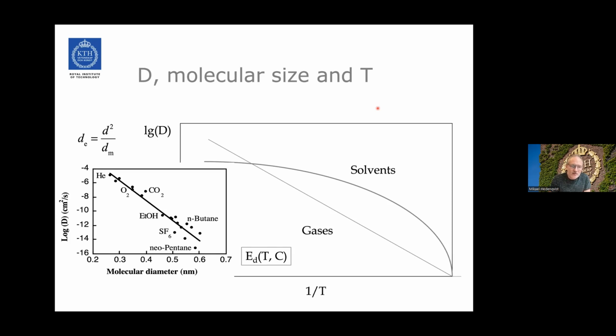One can do that. You see a plot here with the logarithm of the diffusivity as a function of molecular diameter. And it works well if the molecules are more or less spherical, or at least not very extended. And you see it's essentially a straight line here.